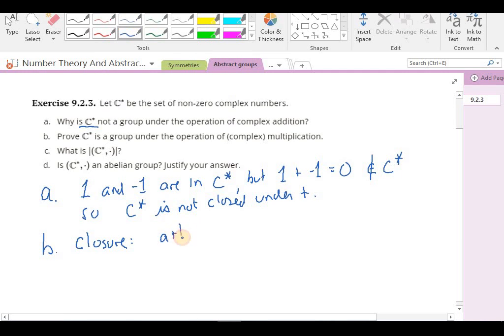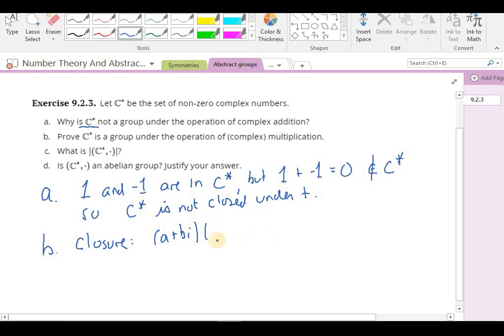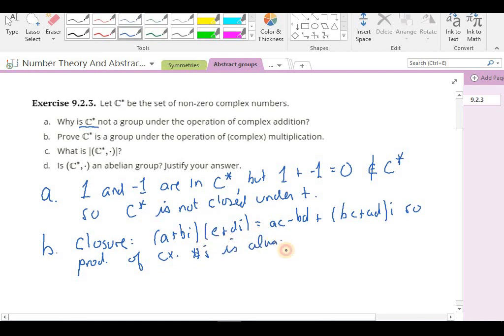I'll say A plus BI times C plus DI is equal to AC minus BD plus BC plus AD I. So the product of complex numbers is always a complex number. That's all you need to write.